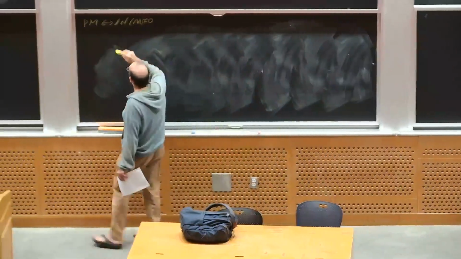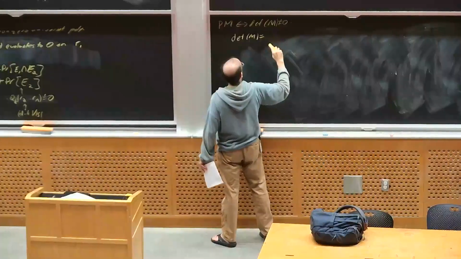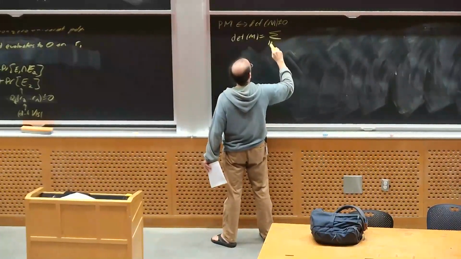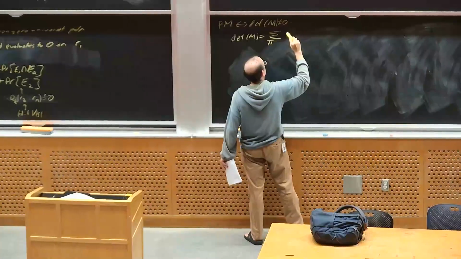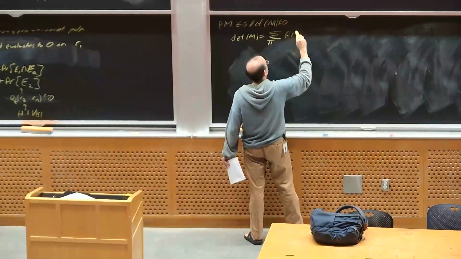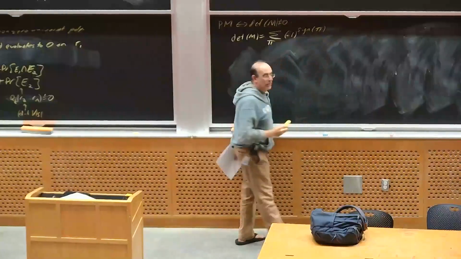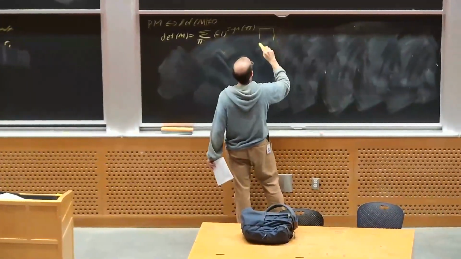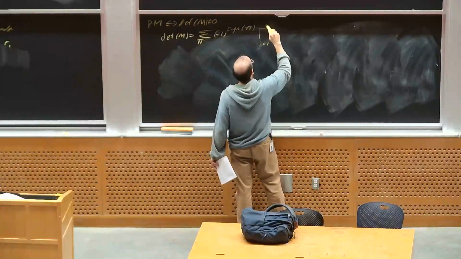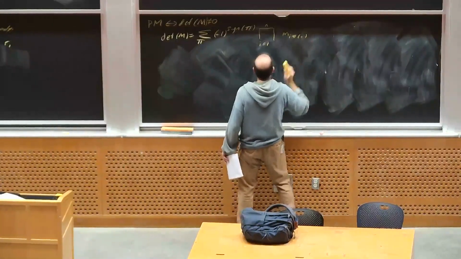The point is that the determinant of M can be written as the sum over all permutations pi of -1 to the sign of the permutation, whether it's an even permutation or an odd permutation, times the product from i equals 1 to n of m sub i, pi of i.